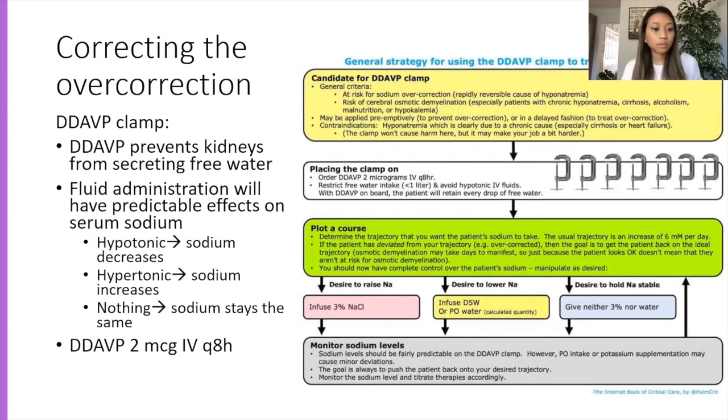If you give them hypotonic fluid, you know the sodium will decrease. The kidneys are not going to get rid of any water in that hypotonic fluid, so it's going to stay and decrease the sodium. If you give them hypertonic fluid, the sodium will increase. If you want to keep the sodium level at the same value, then don't give the patient any kind of fluid and it'll stay the same. So the dose is 2 micrograms IV every 8 hours.